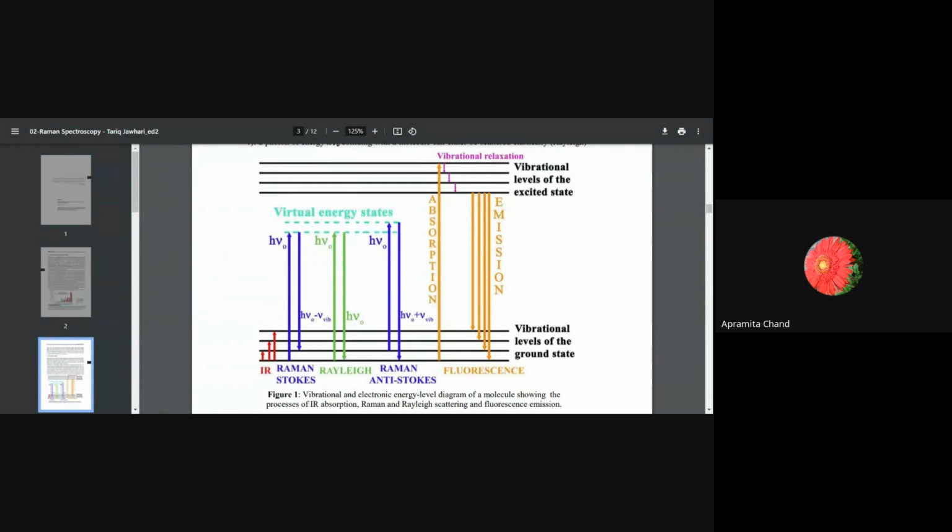So I suggest that you take this diagram roughly in your copy. I'm giving you 1-2 minutes. You don't have to be neat, just quickly do it.